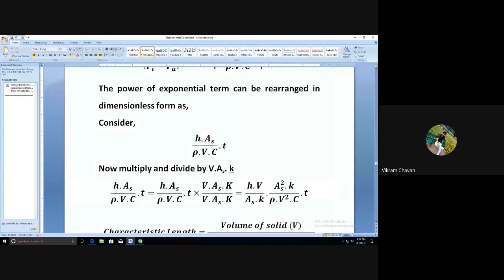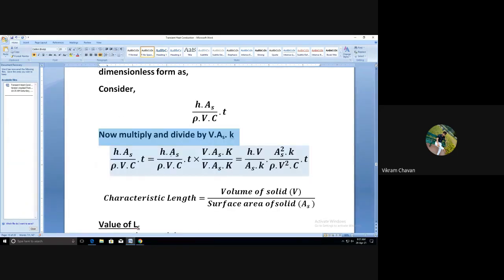Now multiply and divide by v multiplied by a suffix s multiplied by k.